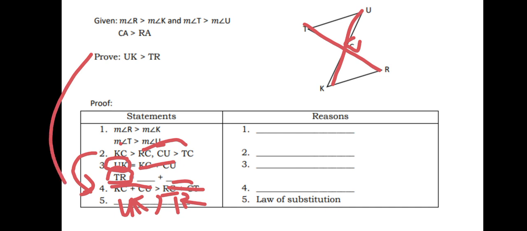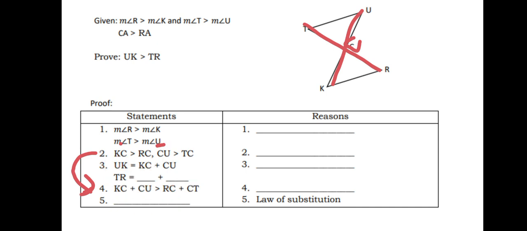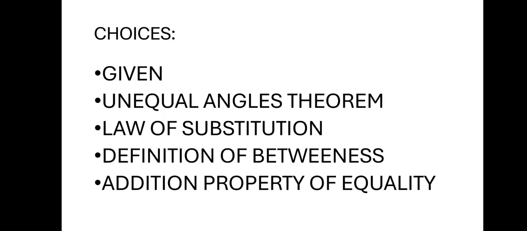And that is our goal: to prove that UK is greater than TR by the law of substitution. So you have your clue there, the different words that I use to explain this. And you also have your choices here. So that's it for today.